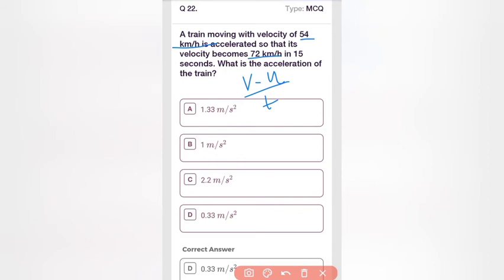So 72 minus 54, divided by 15 seconds. It is in seconds, we need to convert it to meter per second. So even this we need to convert to meter per second, but it is in kilometer per hour.